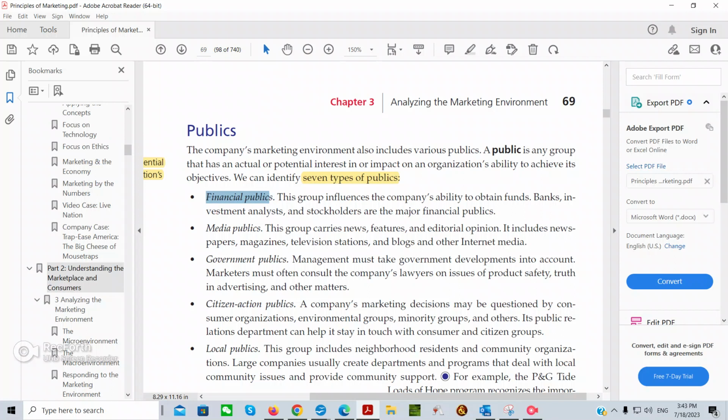Okay. Number 1, we have financial publics. What that is, it influences the company's ability to obtain funds. Banks, investment analysts, and stockholders are major financial publics.